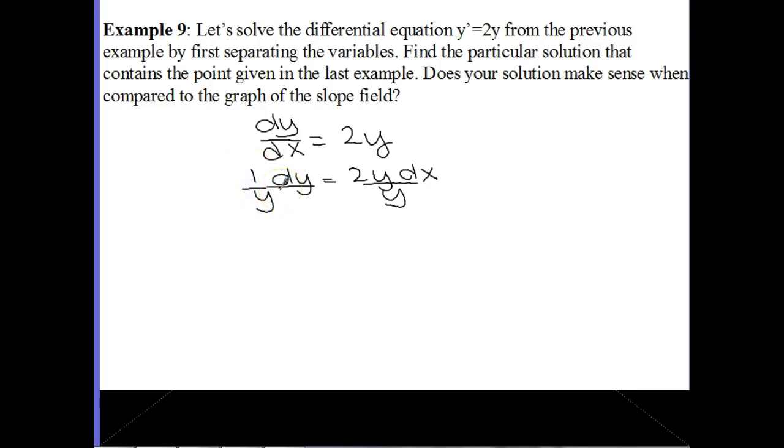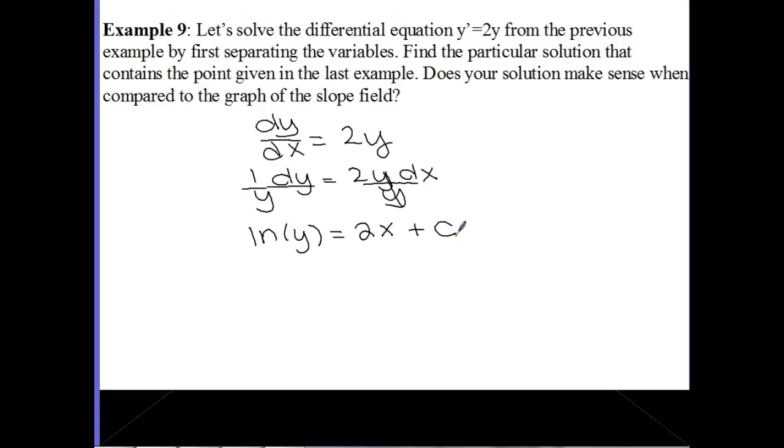What is the antiderivative of 1 over a variable? ln. Whereas if I put the 2 on there, then you have to account for the 2 in your antiderivative. So you get the natural log of y equals 2x plus c.